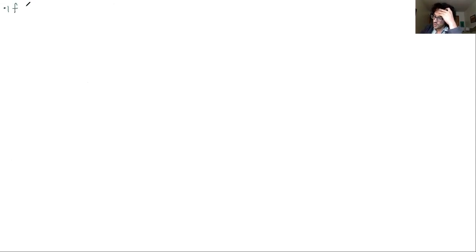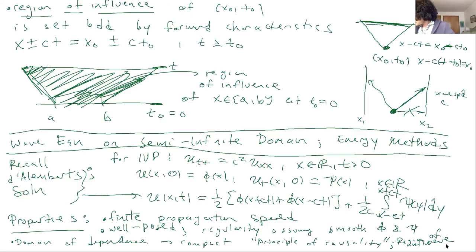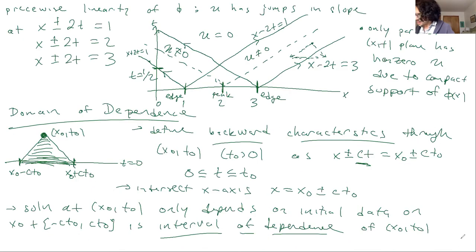Also, what we've alluded to is that if psi and phi have compact support, so does u. And in particular, we saw that here. For as long as we go forward in time, this region of compact support, you still have a region of compact support.